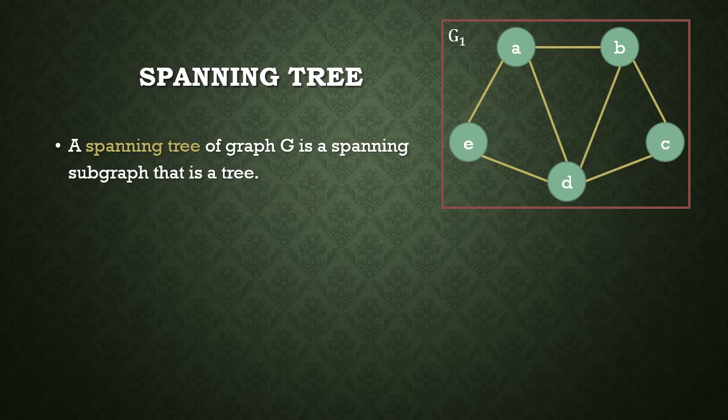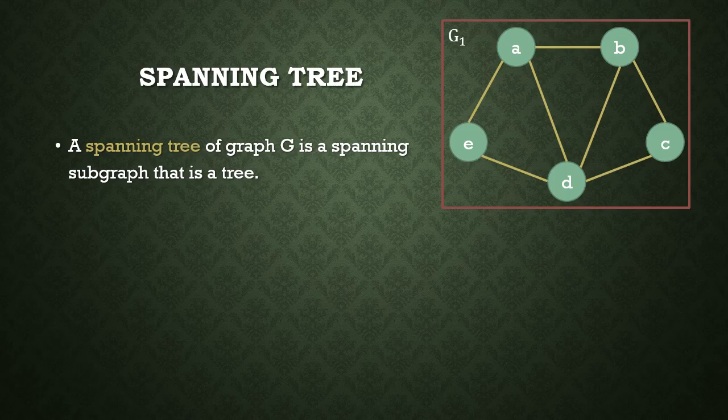Spanning tree. A spanning tree of graph G is a spanning subgraph that is a tree. Look at the graph G1. The first step in making a spanning tree is to make a spanning subgraph.